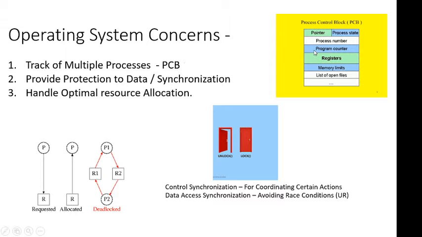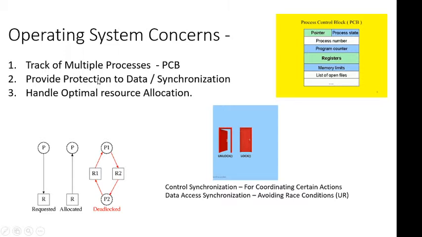We've already seen that for every process that is created, all of its information is kept by the operating system: the process number, the program counter, the registers, the memory limits, the list of open files, the list of all those communicating, and the list of all the child processes. So all of the information is kept. The operating system's first concern was to keep track of all the processes, and he does that with the PCB.